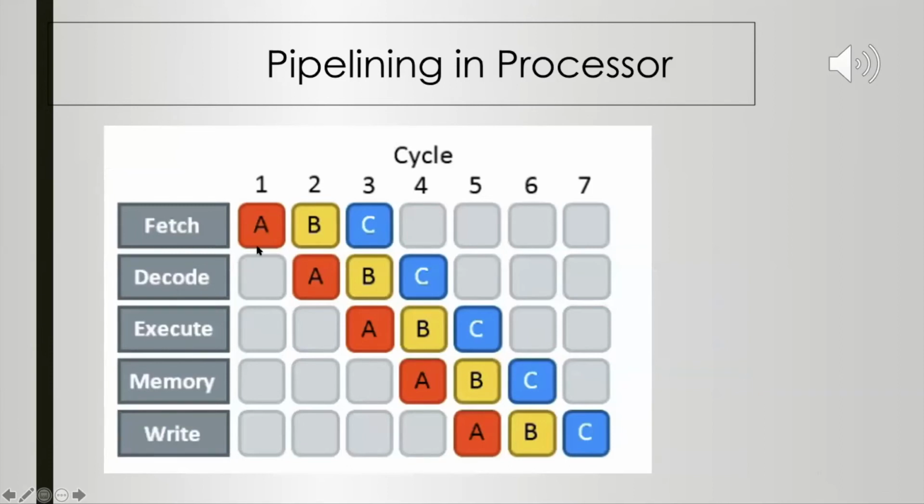When instruction A moves to the execute stage, B will move to be decoded, and we can start fetching C. In the cycle C4, A is in the memory stage, B will be doing the ALU operation, C will start being decoded, and D will be fetched. And finally, when A is in the last part of the pipeline, B will be right after it, or actually before it, in the memory stage. C will be doing the ALU operation, D will be decoded, and we will be fetching instruction E.